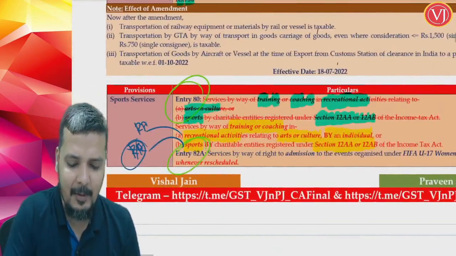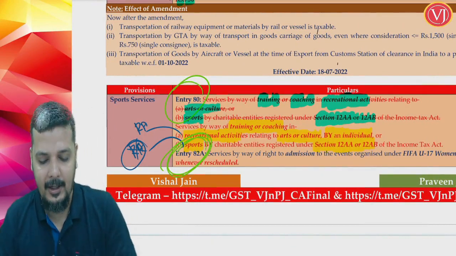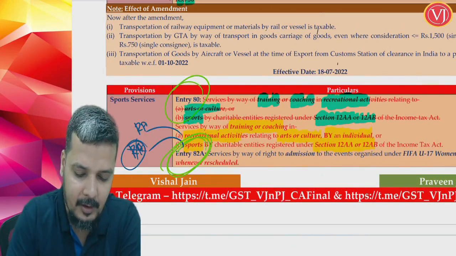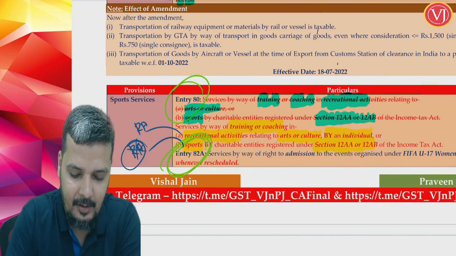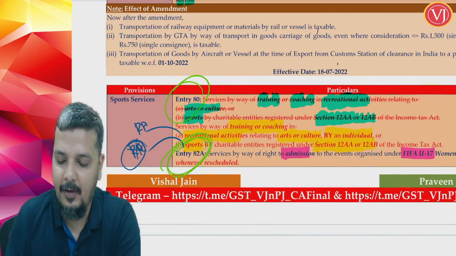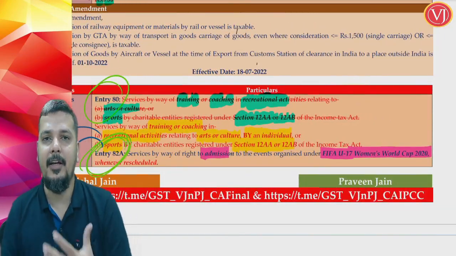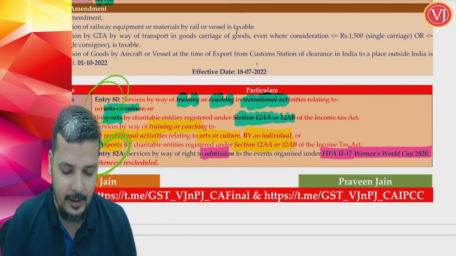The second entry amendment is not so significant. It is only trying to tell that when you're talking about entry 82A, the right of admission to the event organized for FIFA Under 17 Women's World Cup 2020, which has not yet come, it will be rescheduled in India.